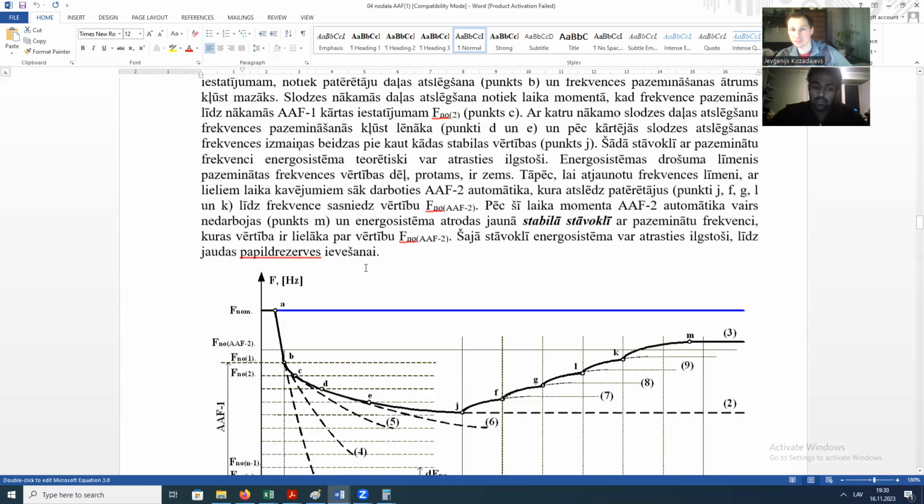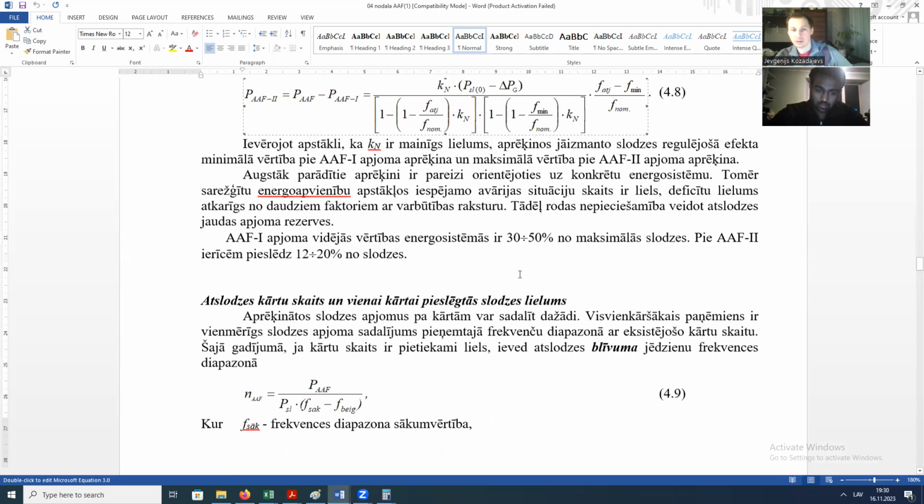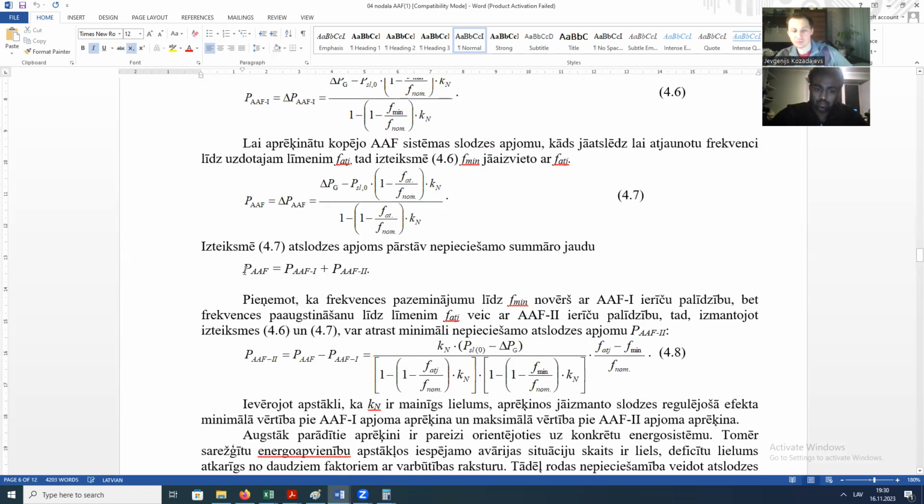As I said, part 2's task is to restore the frequency. And as you see in this formula, the total connected loads are separated into automation part 1 and part 2, the amount of consumers' power connected to part 1 and the amount to part 2.